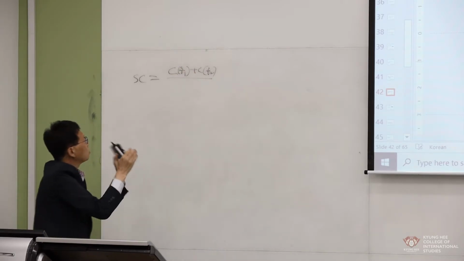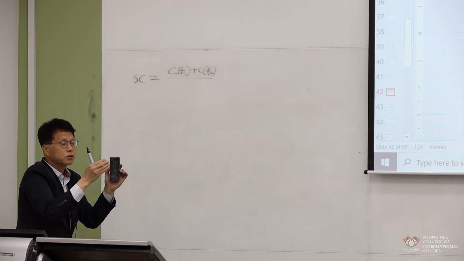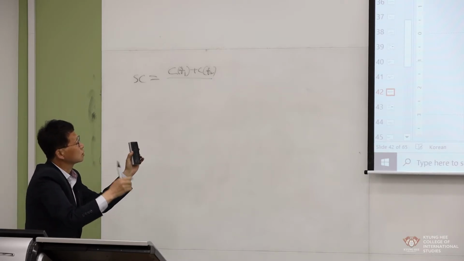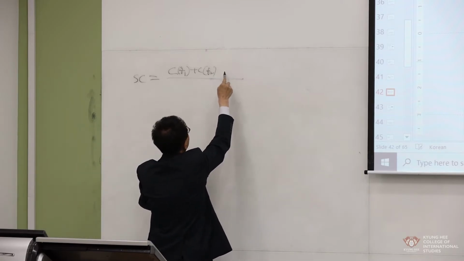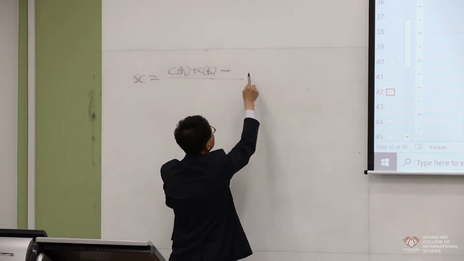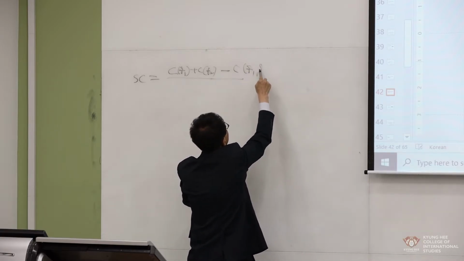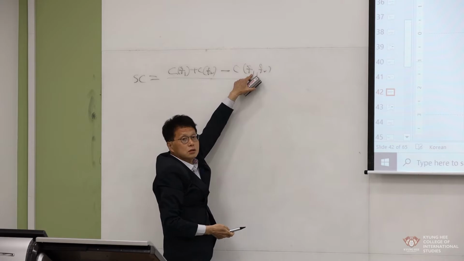This is the total cost when two firms produce two goods separately. It's the total cost by two firms. And what is this? Cost of Q1, Q2.